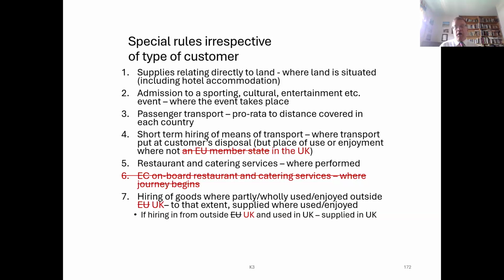There are also special rules, irrespective of the type of customer, which work in terms of land, sporting events, passenger transport, car rentals, restaurants and catering services, and hiring of goods, to basically ensure that VAT is paid on that basis.